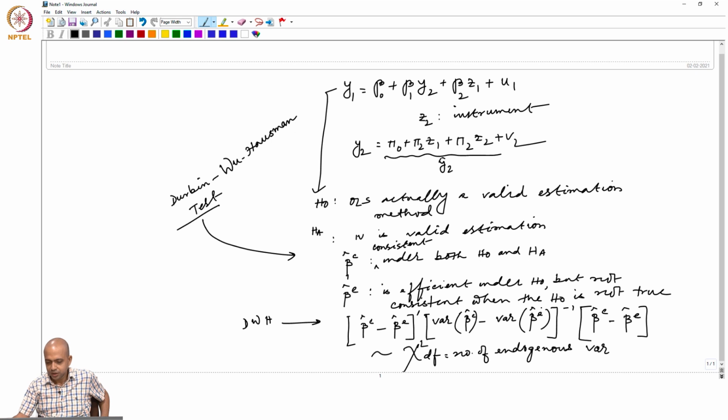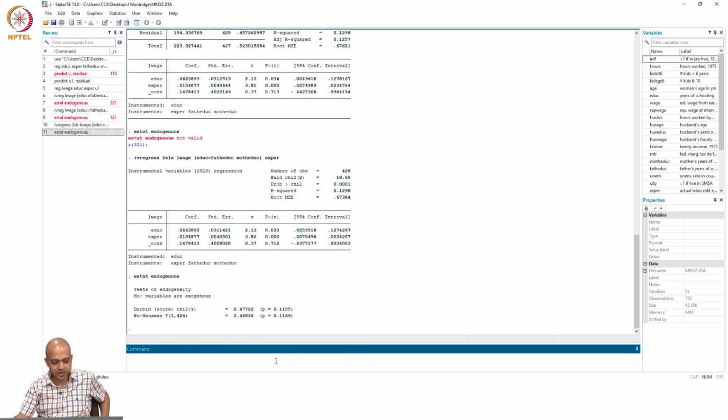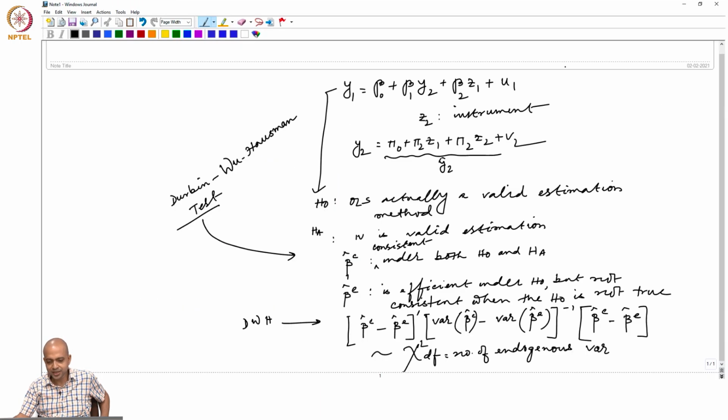So, this test can also be implemented additionally. We can say that this test is more of a test for whether OLS is valid or not, rather than testing endogeneity.